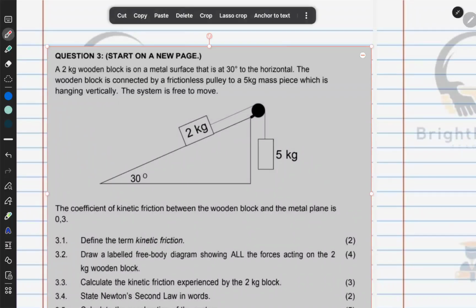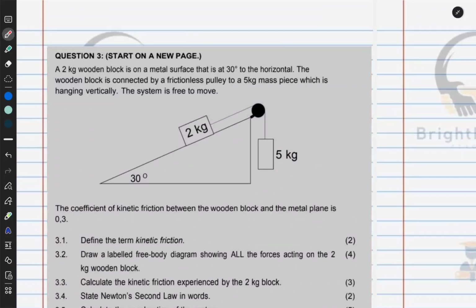So if you use your common sense, you can say that 5 kilograms is greater than 2 kilograms. Before we even consider any other physics phenomena, we know that this is heavier than that.